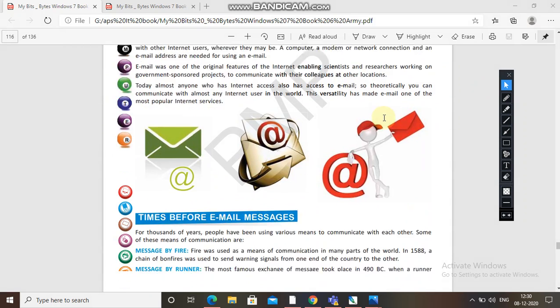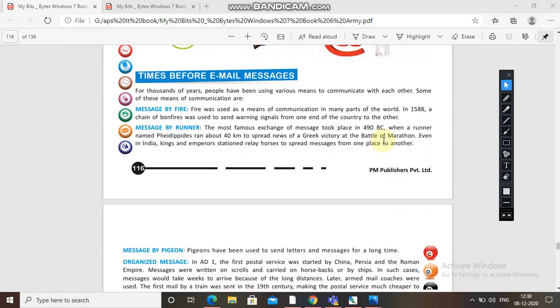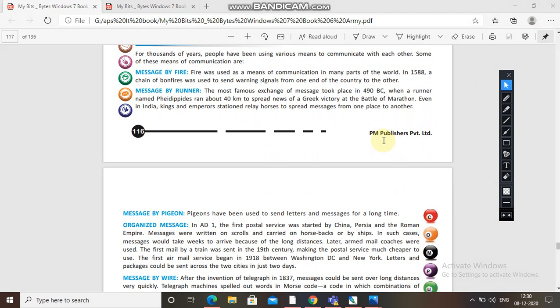Next, what we have seen is the times before email messages. People ask, okay, you know email, you know the process and what things are needed for sending an email, but in earlier times how did people send messages from one person to another, from one kingdom to another?